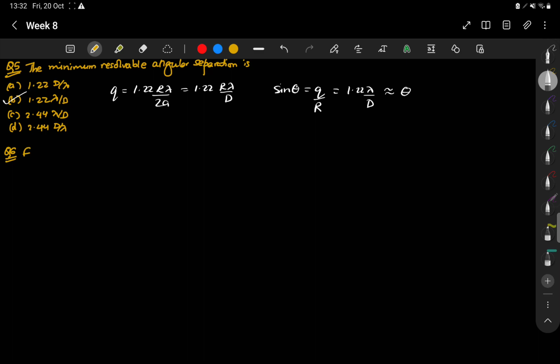Question number 6. This question now is on diffraction grating. This is the grating spectrum.